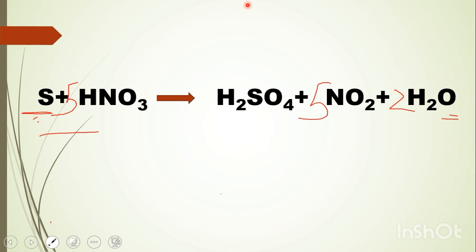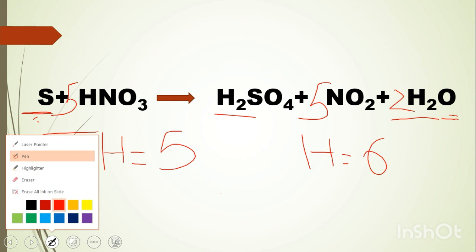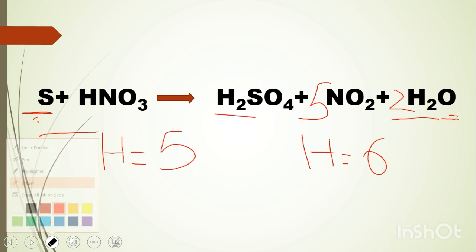Now we have checked our metals, non-metals, oxygen, and then move to hydrogen. On the reactant side our hydrogen is 5 and on the product side our hydrogen is 2, 2, 4, 5, 6. 6 hydrogen is here. So if we simply multiply here with 6, we multiply the reactants with 6.